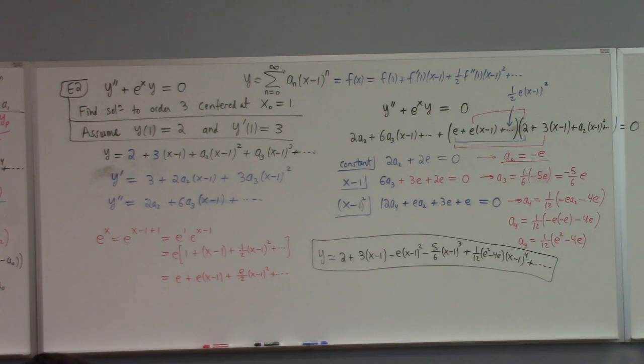Right? The radius of convergence here is what? 1, right? What if I made 0 my next one? Example 3b.